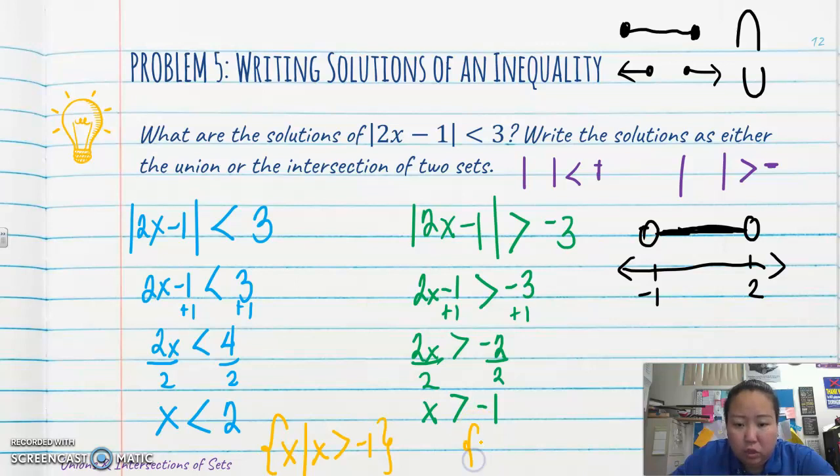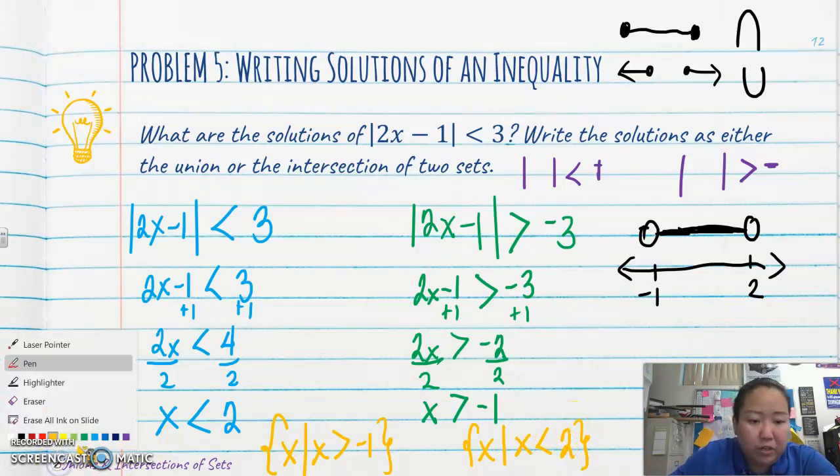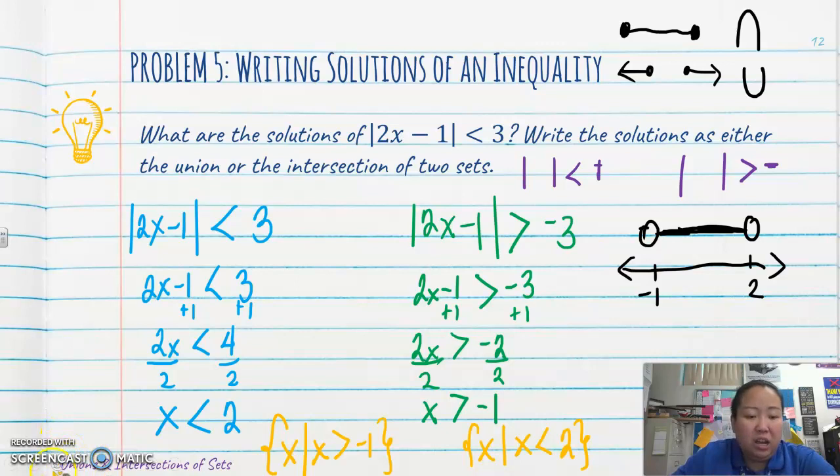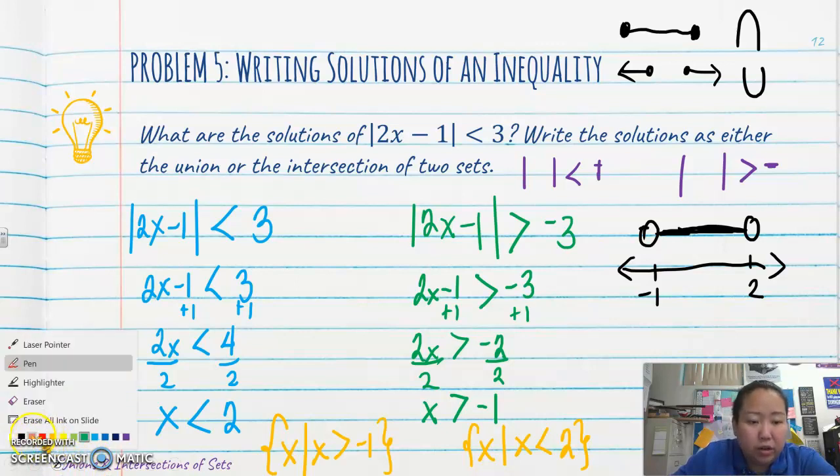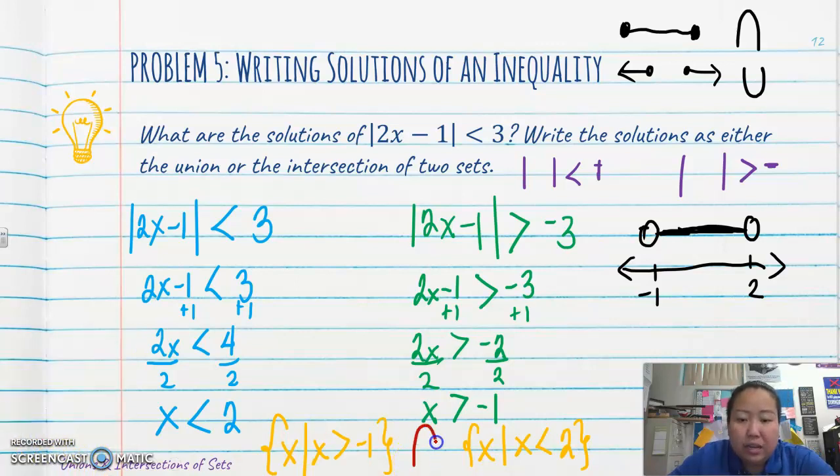So you have all the values of x wherein x is less than 2. And since they connect to each other, it will be an intersection symbol. So that is how we write solutions of absolute value inequalities with the use of union or intersections.